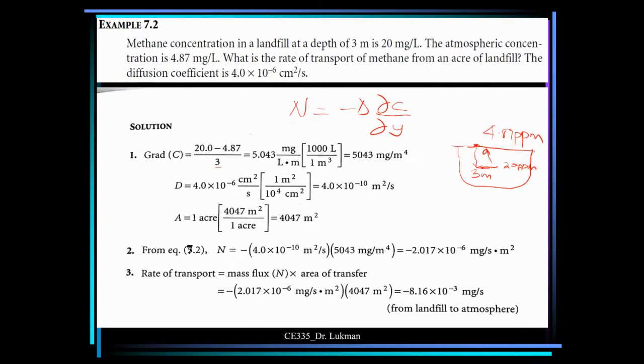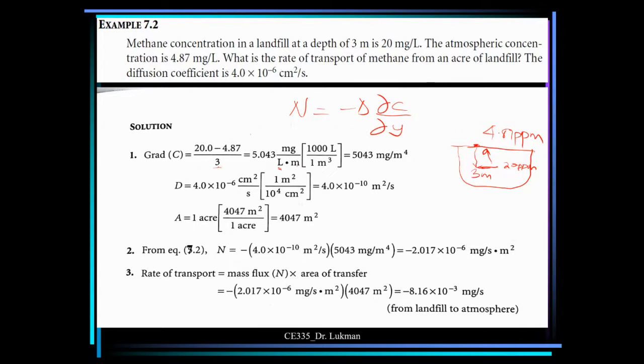Milligram per liter times meter because of this one. So we are just converting to milligram per meter cube, changing the liter to meter cubed, so that we will have a homogeneous unit. Because this is in liter, this is in meter, so we change the liter to meter cubed and have it in milligram per meter to power 4.